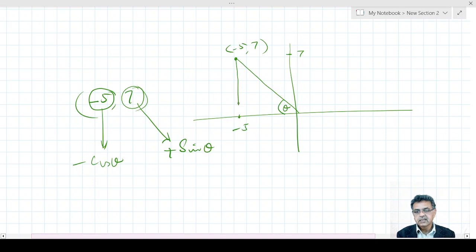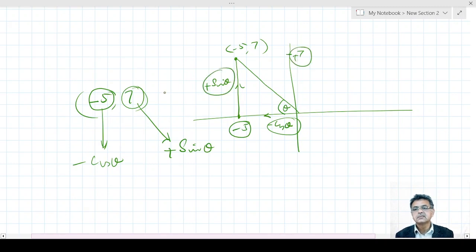Then you can see that this is above the x-axis, so sin theta is positive, and this is on the left hand side of the y-axis, so cos theta is negative. So where x is negative, cos theta is negative. Where y is positive, sin theta is positive. So this way you can understand it.